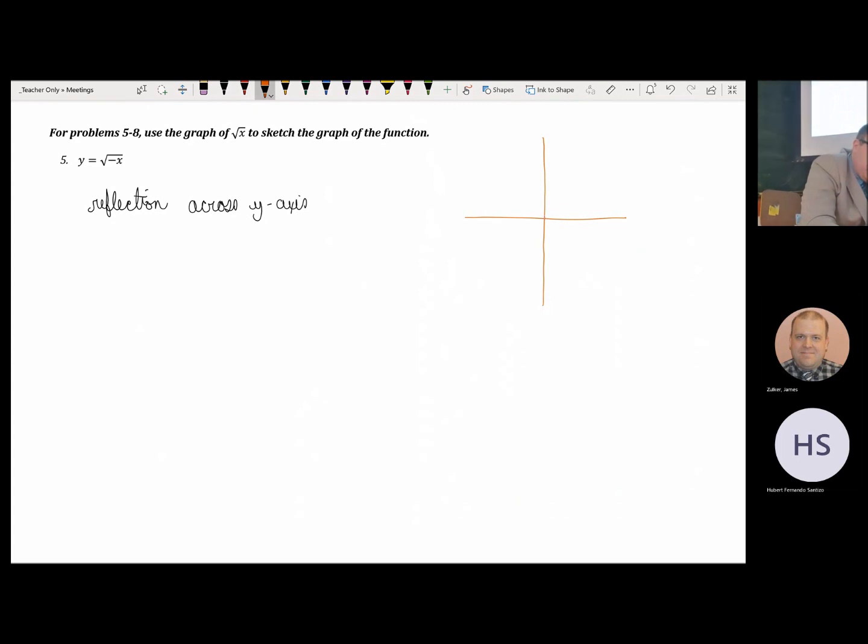Square root of x looks something like this. Again, it's good enough for government work.